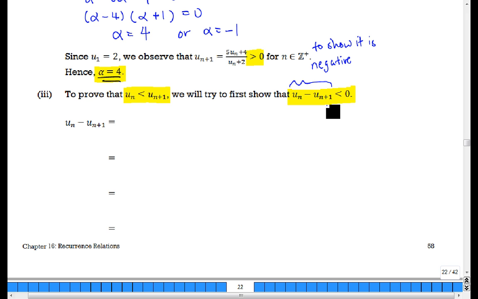Follow? How do we do so? What is un plus 1? Un plus 1 expression is given. Correct? Un plus 1 is in terms of un. So we copy and paste.